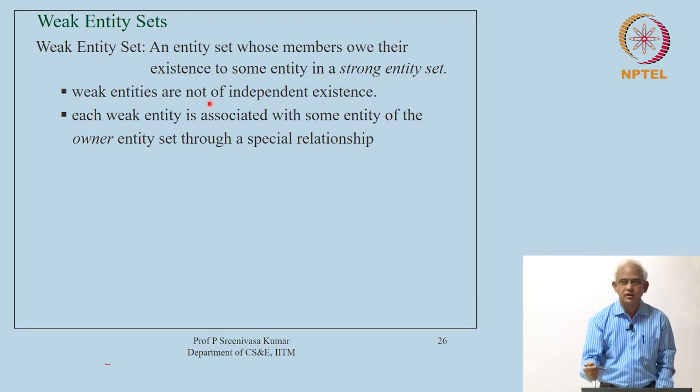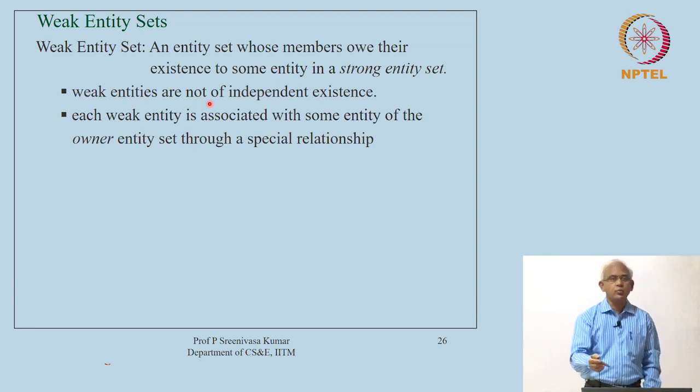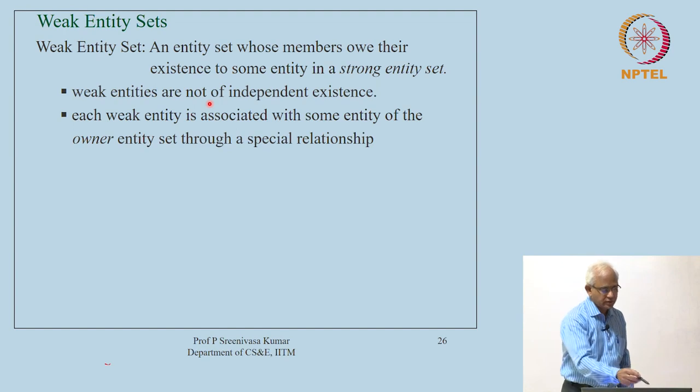Unless that entity exists, there is no point talking about this entity, which we are calling a weak entity. So, these weak entities are not of independent existence, their existence is owed to the existence of some other entity, possibly in a strong entity set.